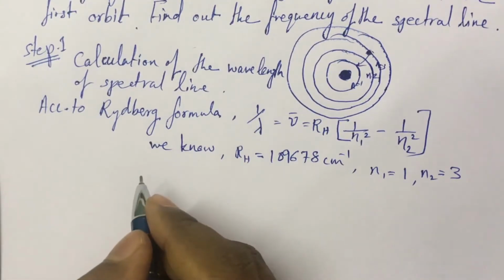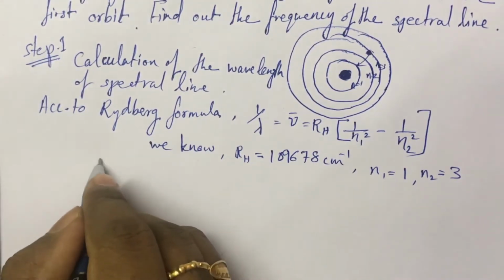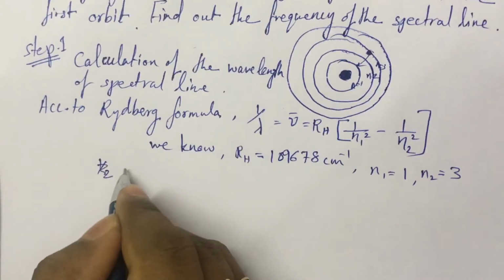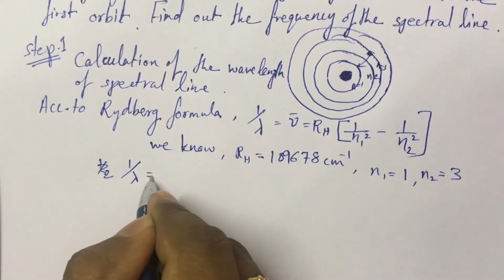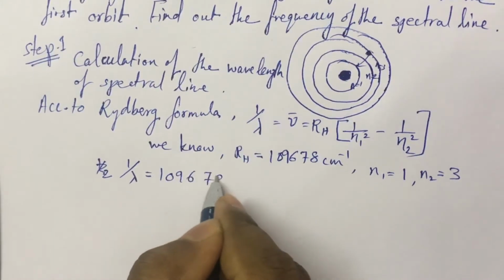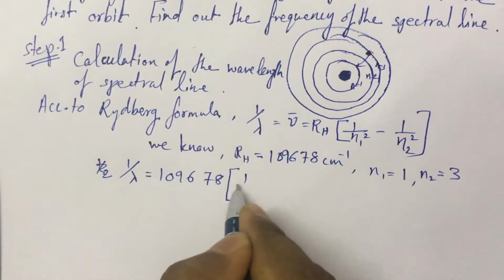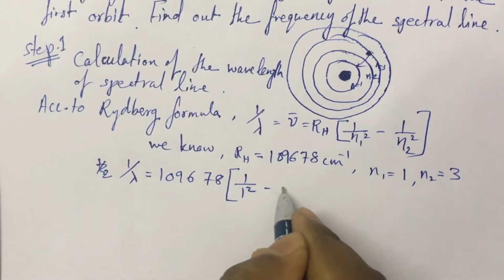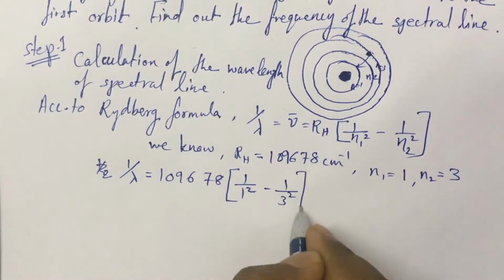Now applying in the formula, 1 by lambda is equal to 109678 into 1 by 1 square minus 1 by 3 square.